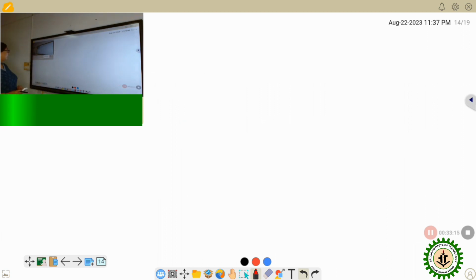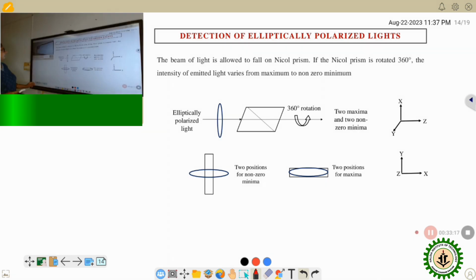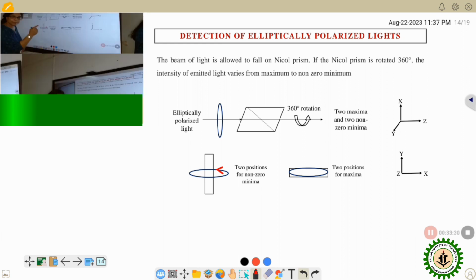What happens for elliptically polarized light? As you can see, in case of elliptically polarized light, the electric field vector tip moves along an ellipse.